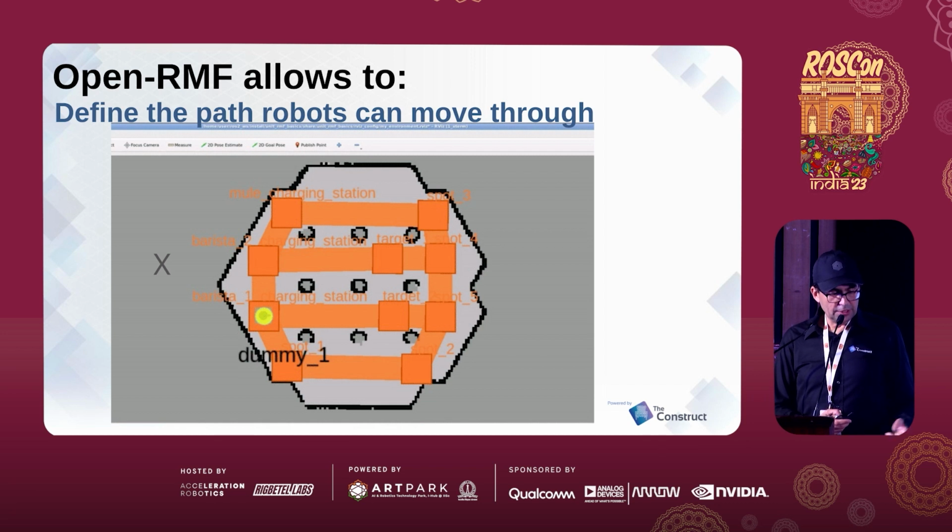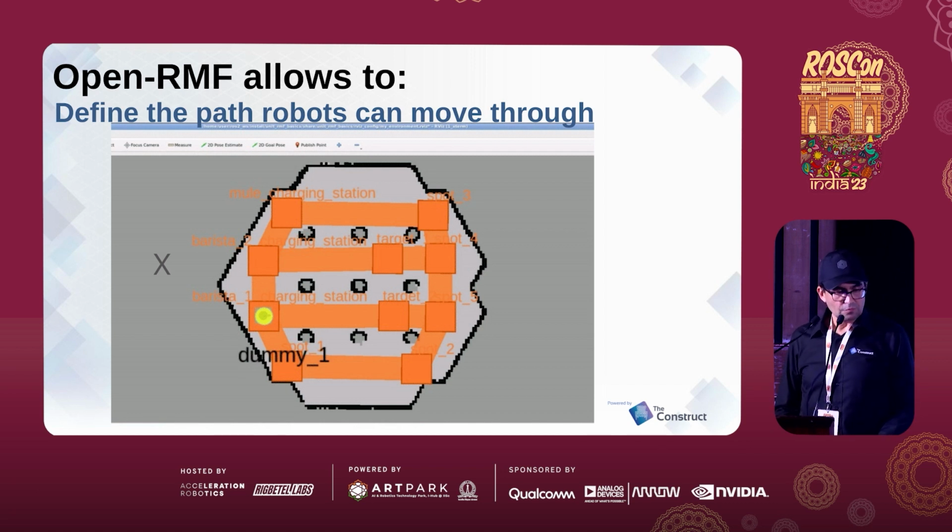So here in orange, in RViz, you can see the path, the highways that I have defined. And then you can see in green the trajectory that OpenRMF has assigned to this robot. So that's how you see the functioning of OpenRMF and the result in the simulation or the real robot, of course.